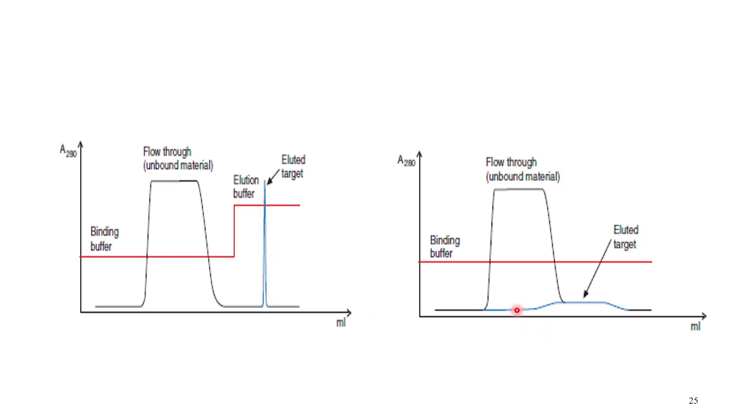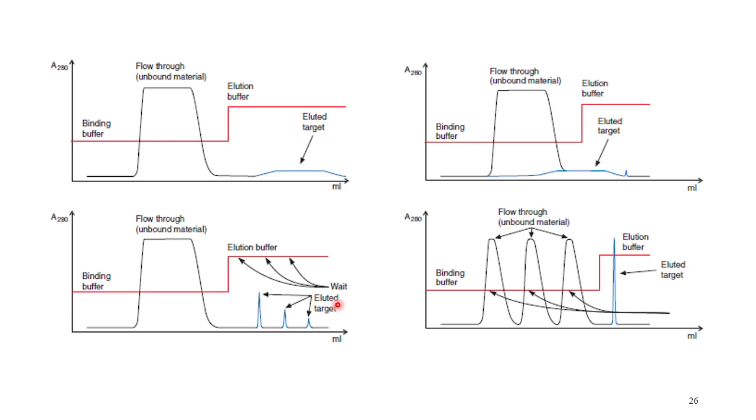Similar things happen here, but you see that the elution profile is very poor because you're not getting a good sharp peak. That means either your protein has not bound, or your protein does not show better absorption because maybe it has not bound to the particular column. You can get multiple types of these graphs when you are loading your protein, and you can detect it.